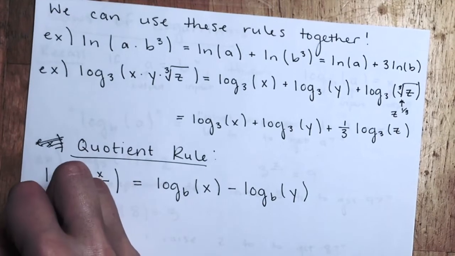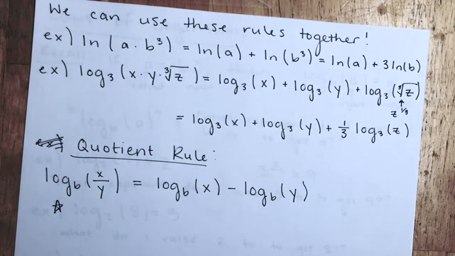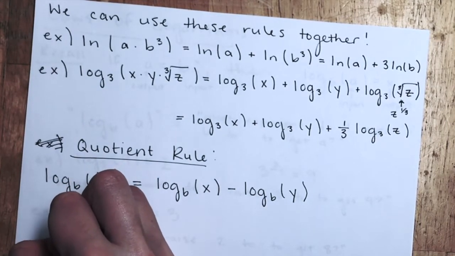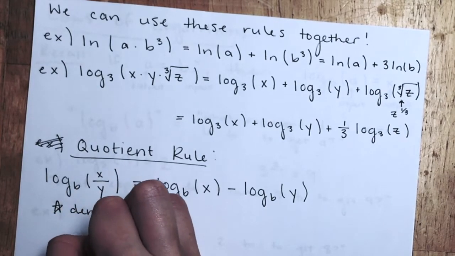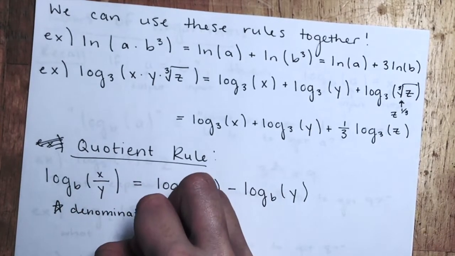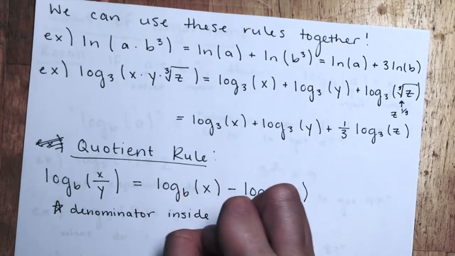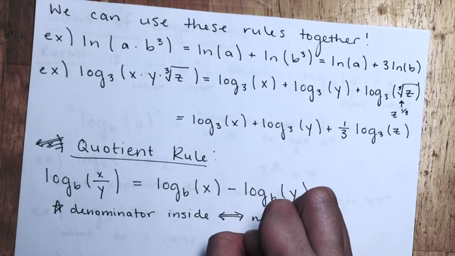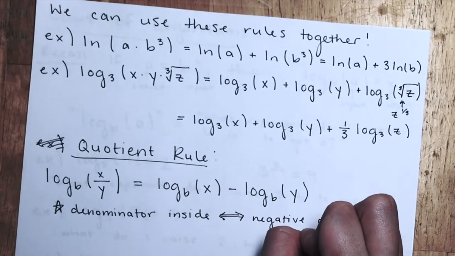The way I like to say this one, right before we said multiplication inside means addition outside, I don't want to say that division inside means subtraction outside, because there's a very specific order that we want to use. So I think it's important to think about it in this way. Denominator inside means that it's negative outside.